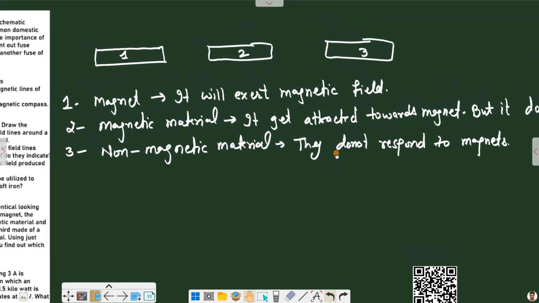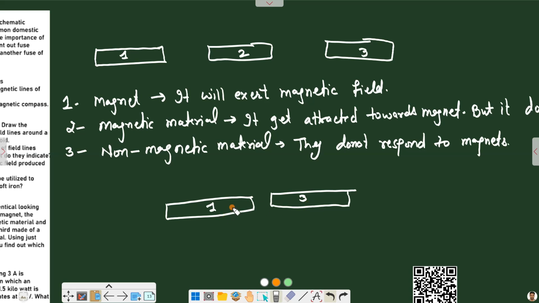So suppose we take bar number 1 and bar number 3 and bring them closer together. If we bring them closer, we find that there is no force acting between them.